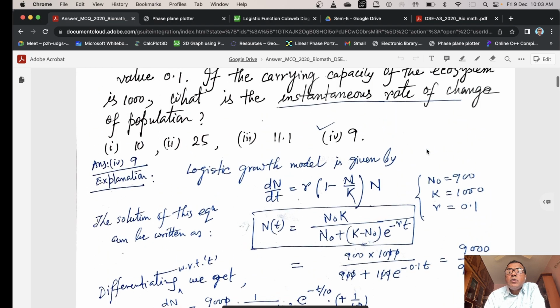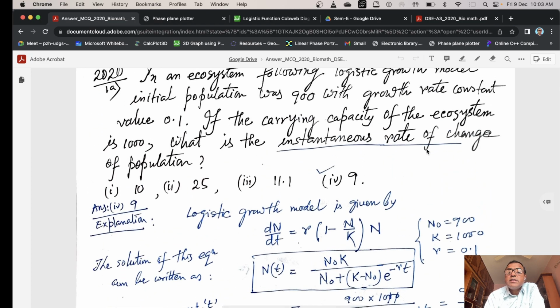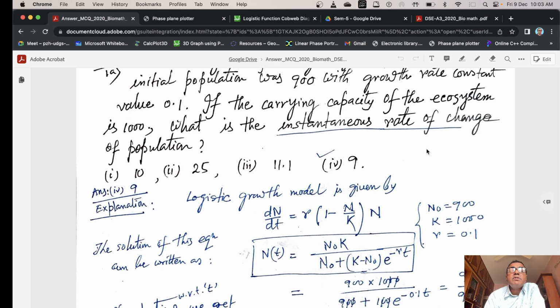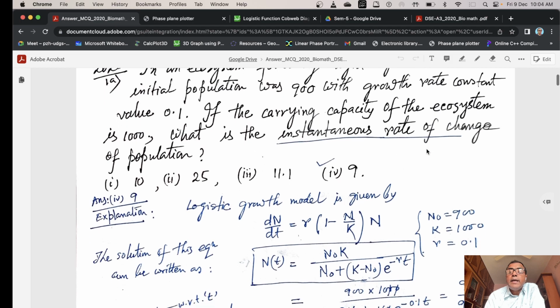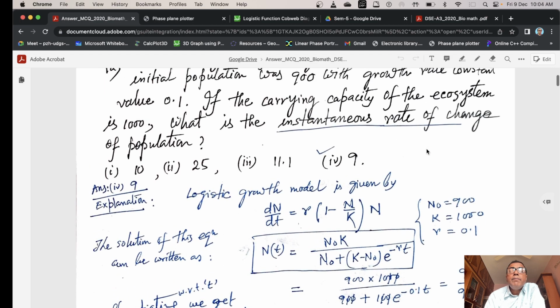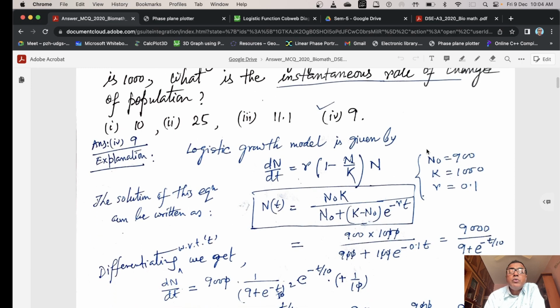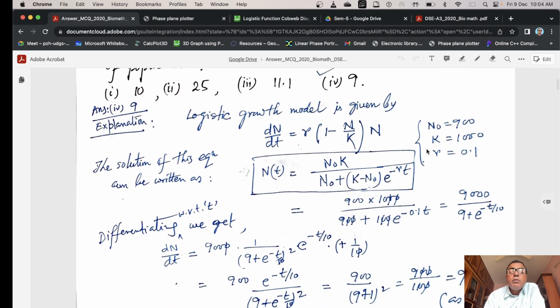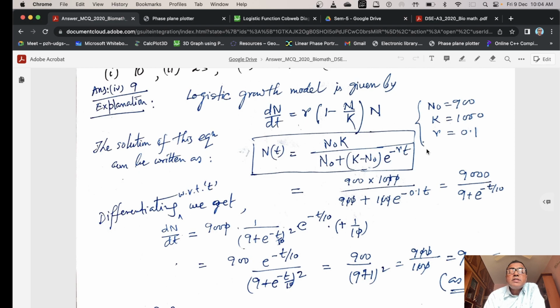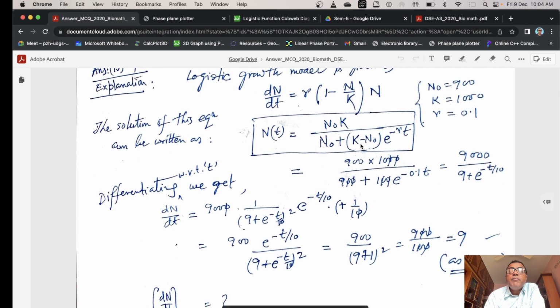Here, N0, the initial population density, is 900, the environmental carrying capacity K equal to 1000, and the growth rate is constant, equal to 0.1. Putting all these in this equation, we get N(t) equal to 9000 by 9 plus e to the power minus t by 10.